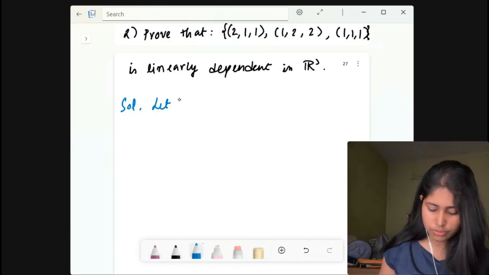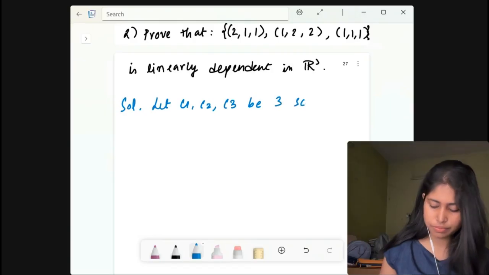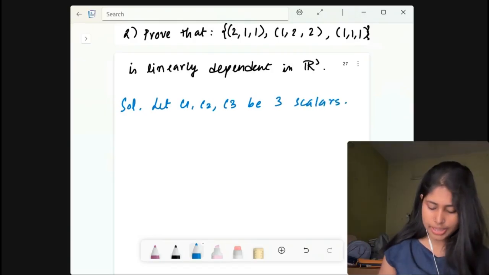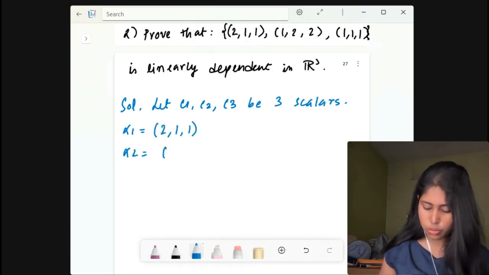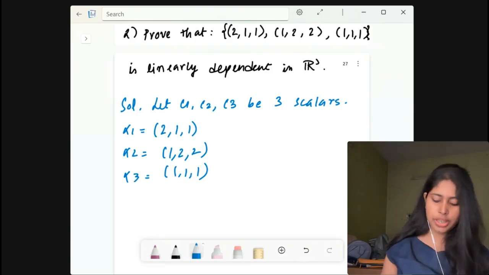First, let C1, C2, C3 be three scalars, and alpha 1 is given here 2 comma 1 comma 1, alpha 2 is 1 comma 2 comma 2, and alpha 3 is 1 comma 1 comma 1, right? And what is the condition given?